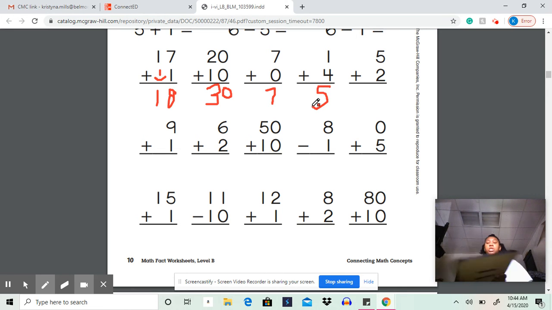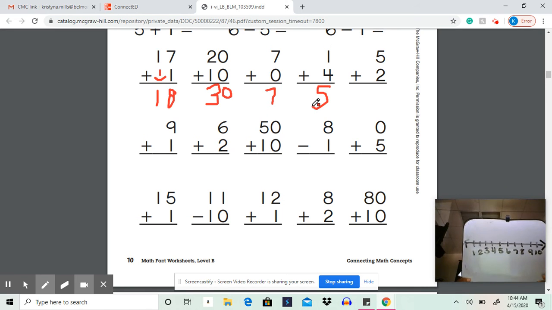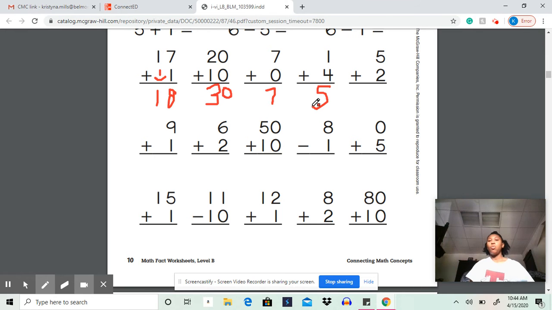Okay, 5 plus 2. Now I want us to get our number line. We are going to start at 5, and we're going to jump 2.